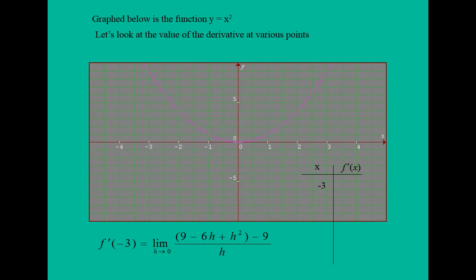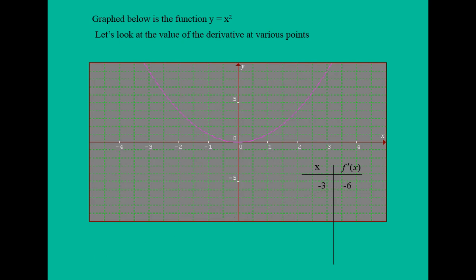Now if we use direct substitution, we see we get 0 divided by 0. We're going to cancel the 9's, and then factor out an h, and the h is reduced, and then we can use direct substitution. So we get f prime of -3 equals -6.